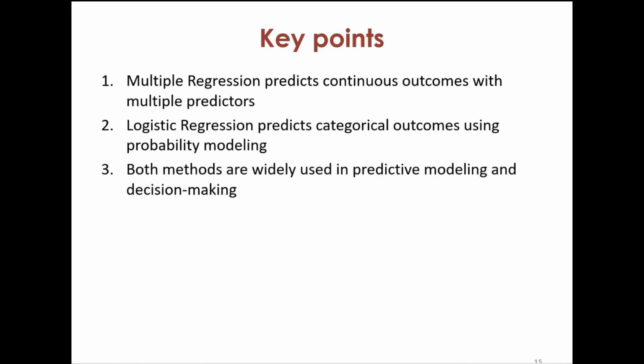In machine learning applications, probably you'll be looking at multi-factor logistic regression. Both methods are widely used in predictive modeling. For continuous data, you use linear regression, assuming that it is linear, and the other one is for decision making, yes or no. Yeah, that's decision making.